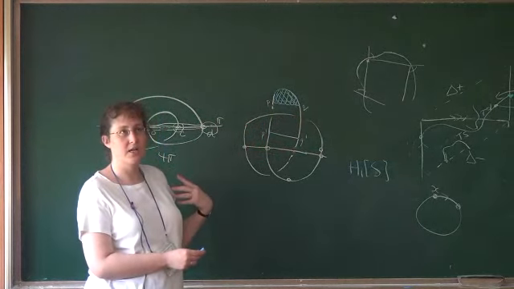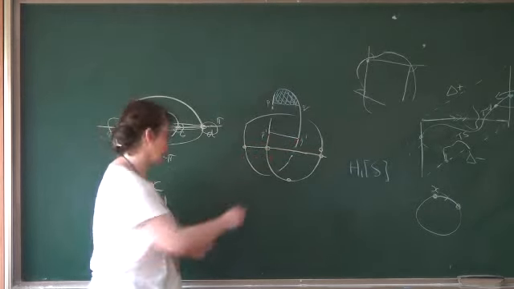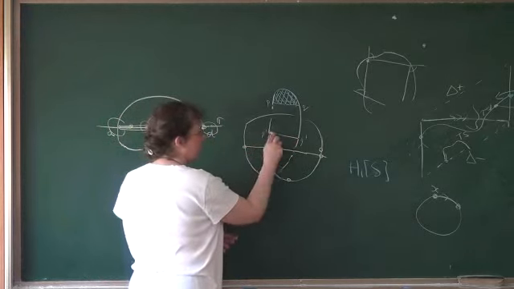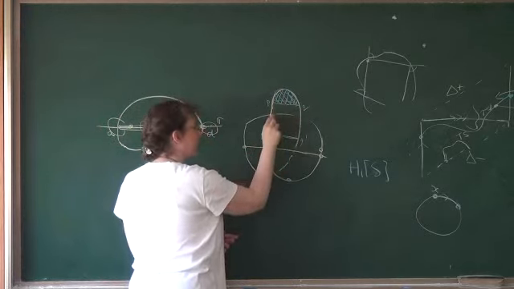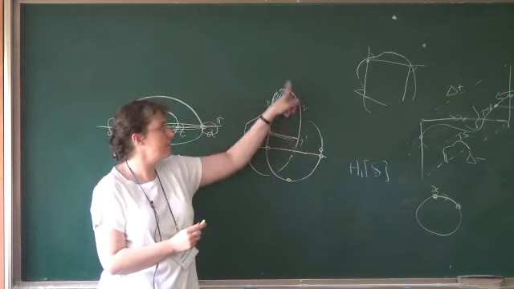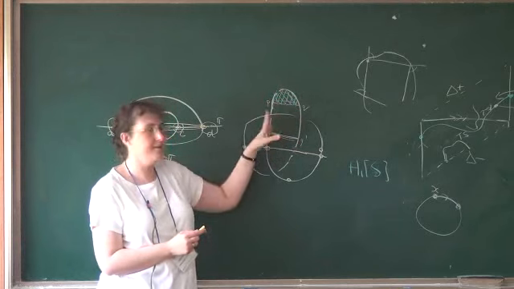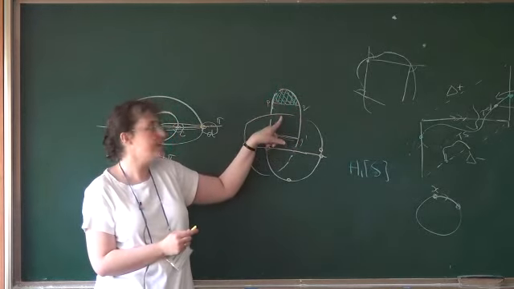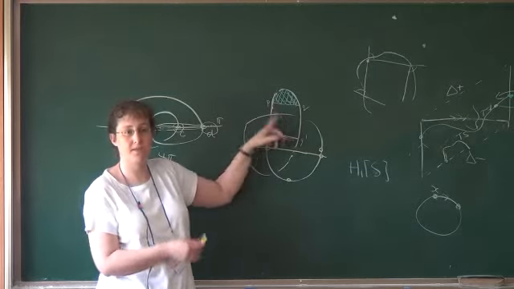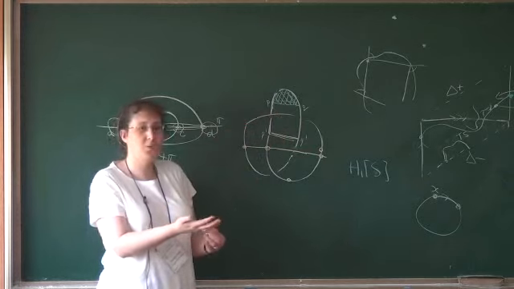And you're essential, like this curve. This yellow curve will be essential because no matter which disk I fill in, there will always be a boundary intersection with the rest of the knot. It's a different way to think about the same idea. Choose which one you like.